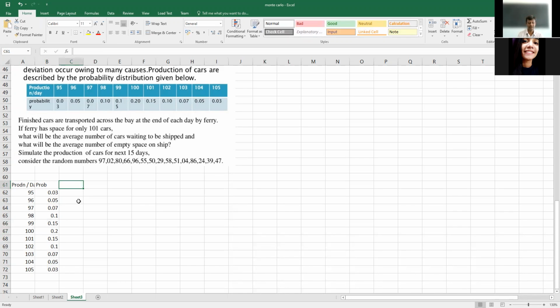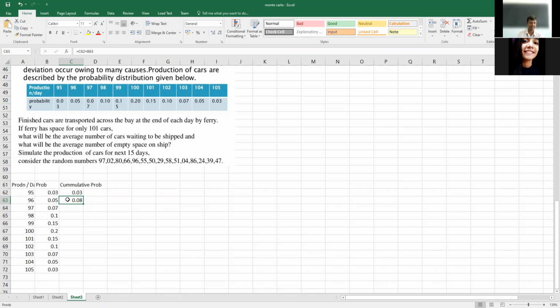Next thing we need to do is find out the cumulative probability. For the first case, it will be the actual probability. From the second case onwards, we need to add the previous probability with the current case probability.